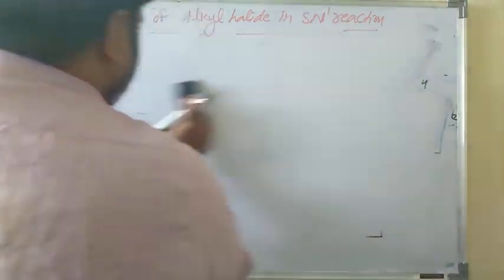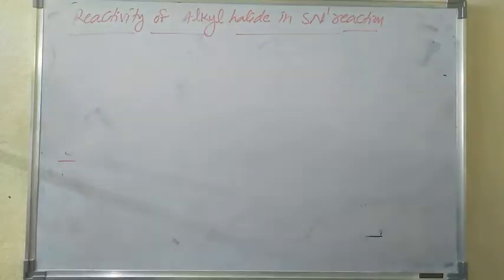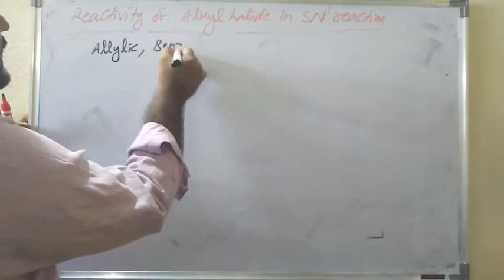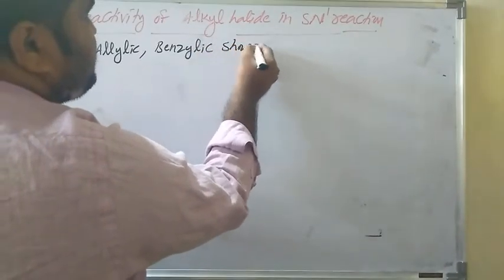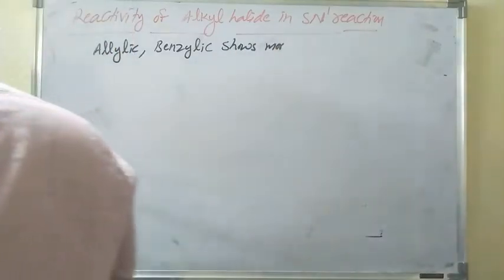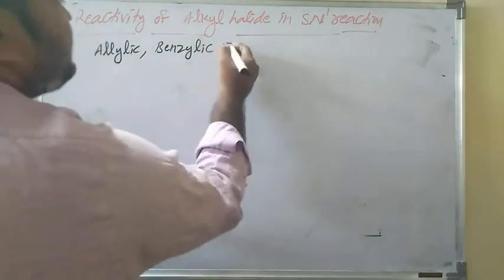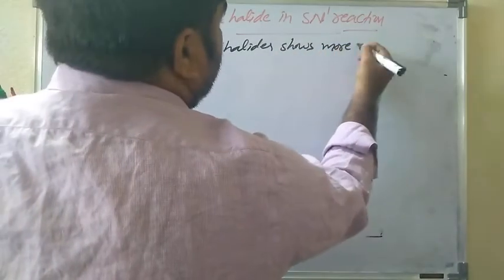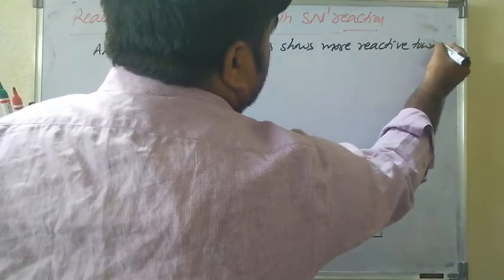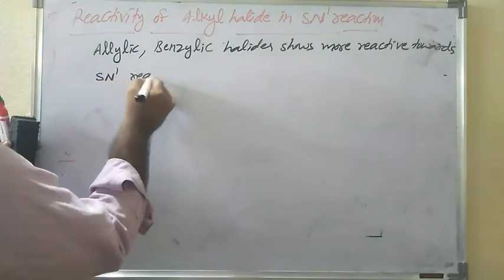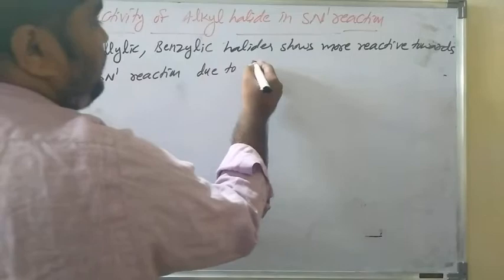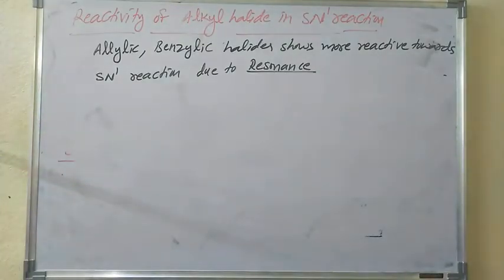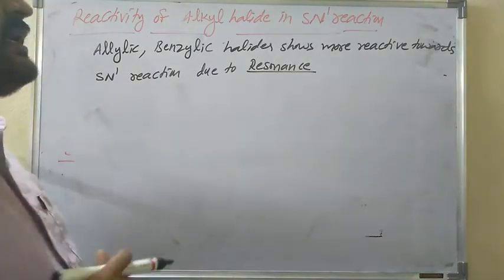Allylic and benzylic halides show more reactivity towards SN1 reaction due to resonance structures.